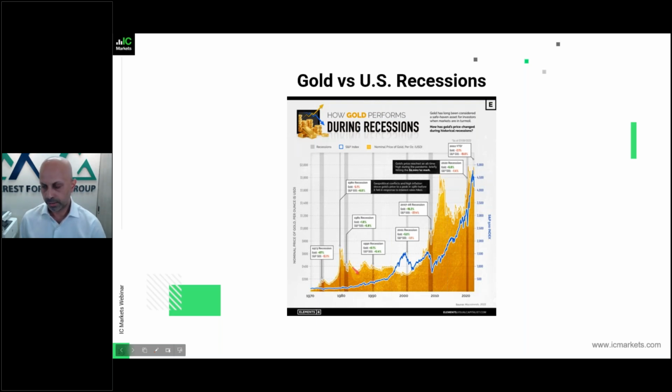The orange waterfall at the back is the price of gold per ounce. And then in the background, if you're able to see, the gray shaded vertical lines are the recession periods in the US. These are major recessionary periods in the US.